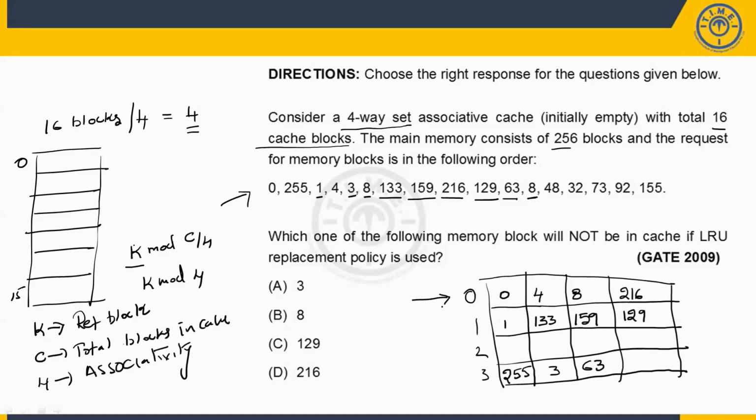But we don't need to make any replacement because 8 is being accessed. Sorry, sir, it's 3, sir. 159 mod 4 is 3. Yeah, got your point. 159 is 3. Just a minute.